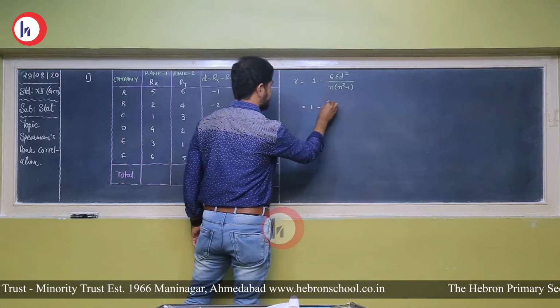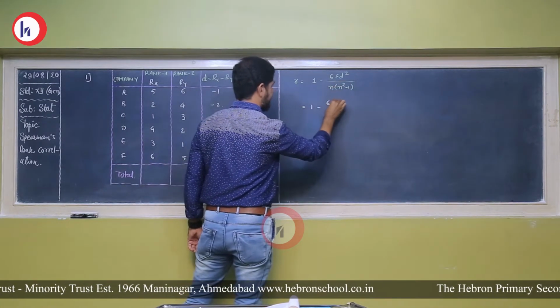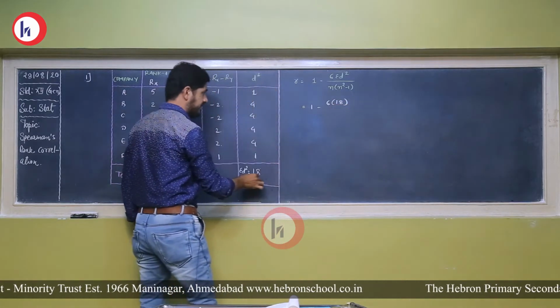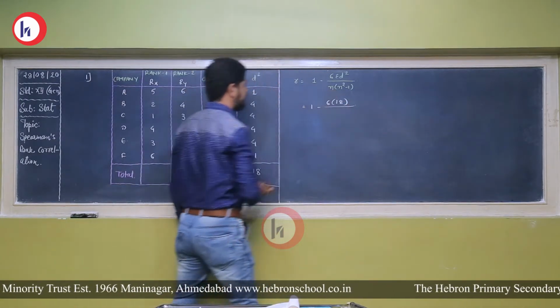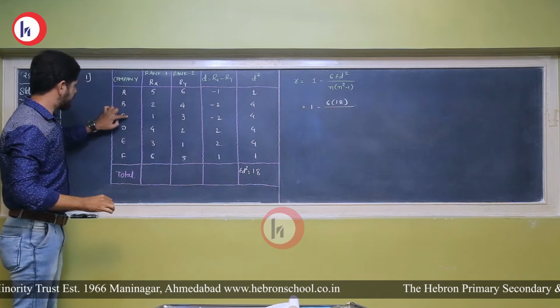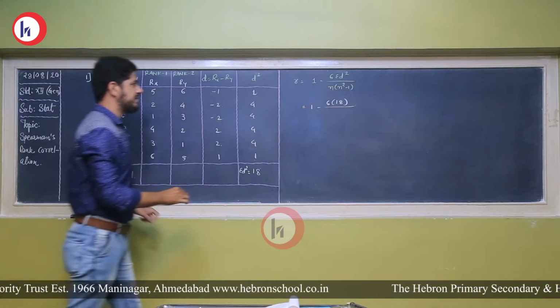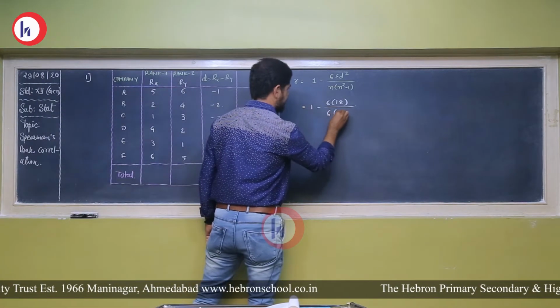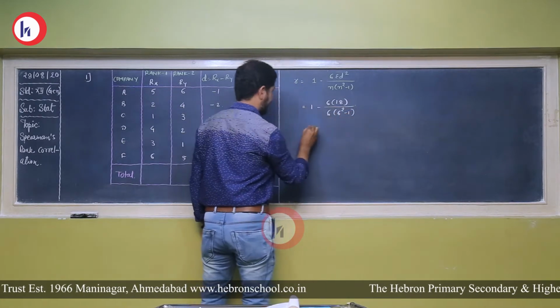So 1 minus 6 times the sum of d square, that is 18, divided by n. There are 1, 2, 3, 4, 5, 6 companies, so 6 square minus 1.